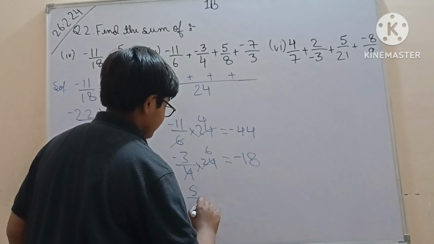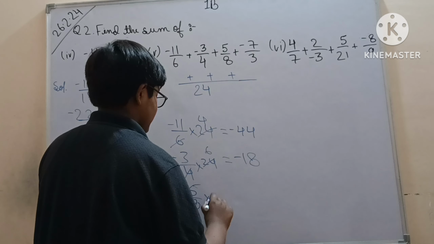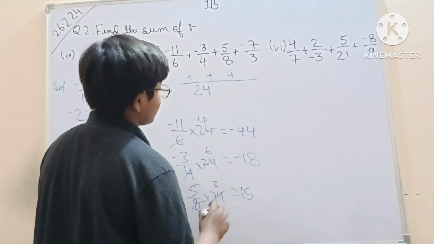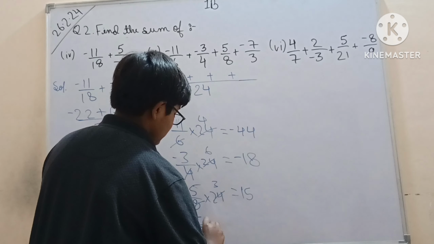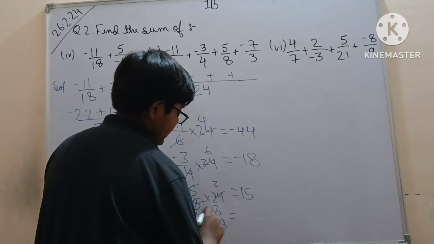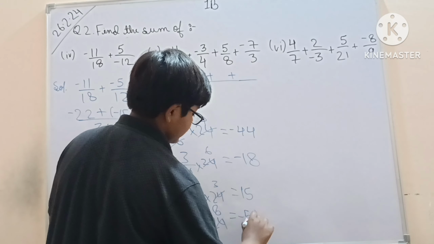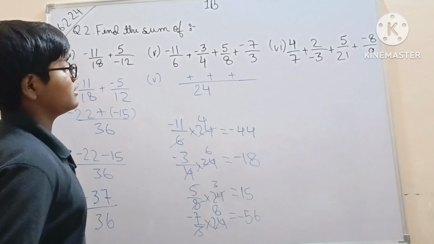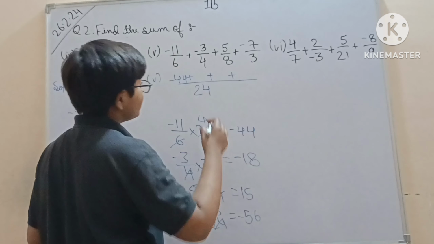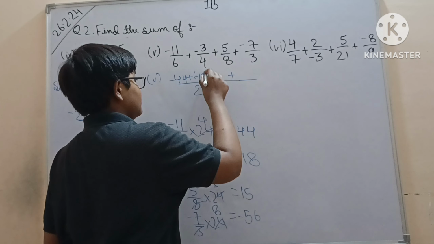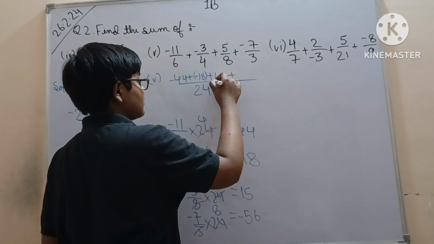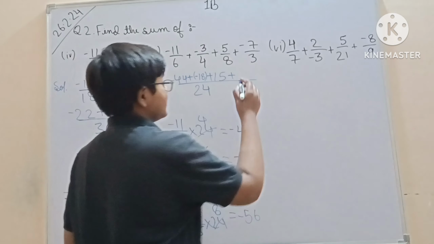Now 5 divided by 8 multiplied by 24. 8 3s are 24 and 5 into 3 is 15. Now minus 7 divided by 3 into 24. 3 8s are 24 and minus 7 into 8 is minus 56. Now we will write the values here: 44, minus 18, 15 and minus 56.